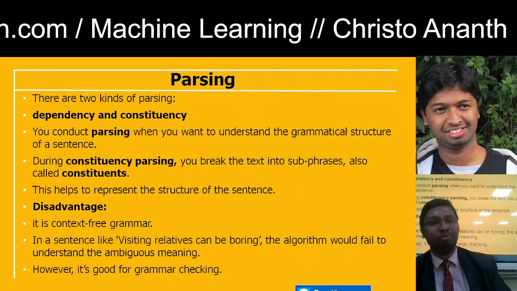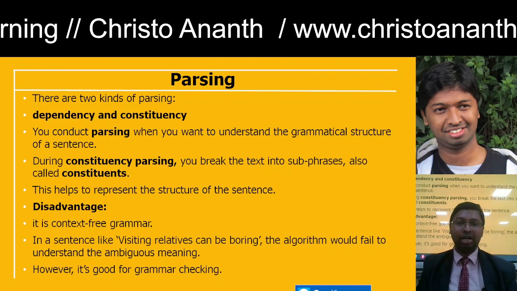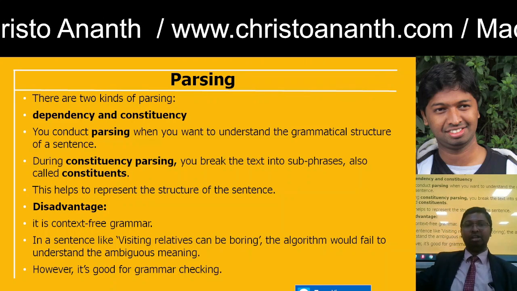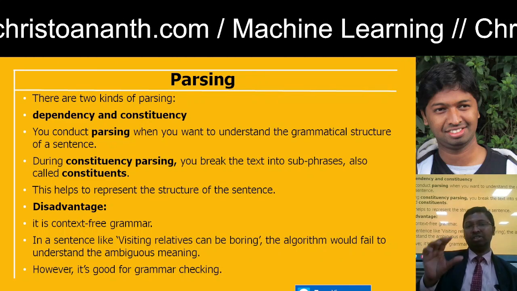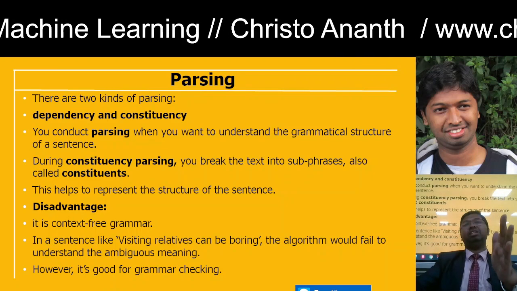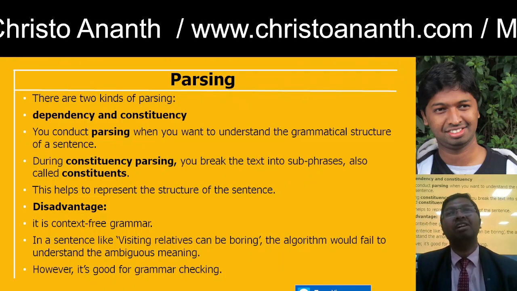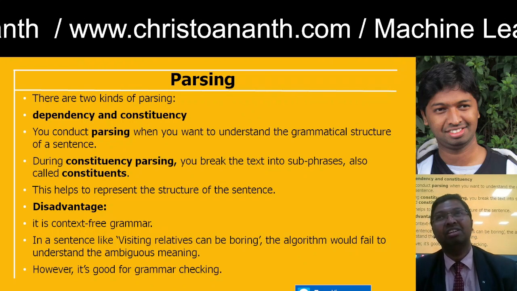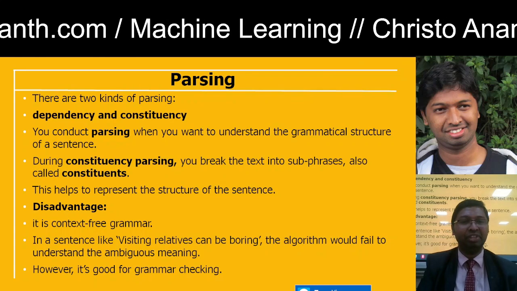But the disadvantage of parsing is that it is context free grammar. One example: visiting relatives can be boring. If we give this sentence separately, Google through this ML algorithm will not understand. You have to give much context, only then it will identify.